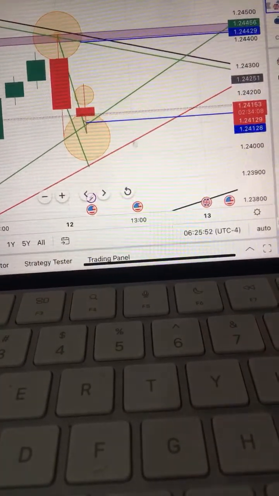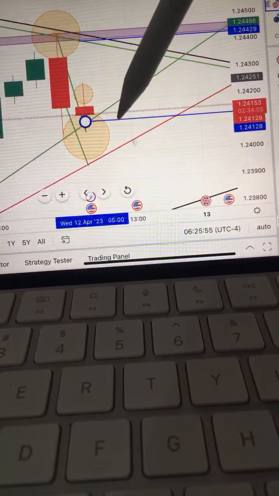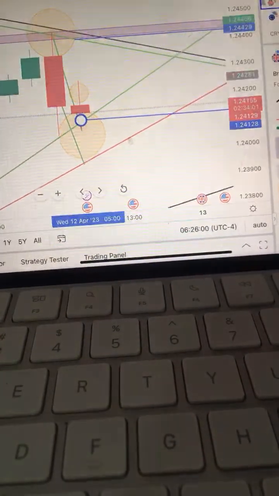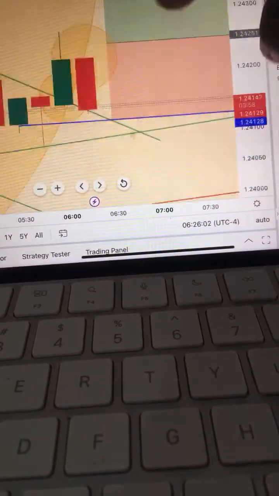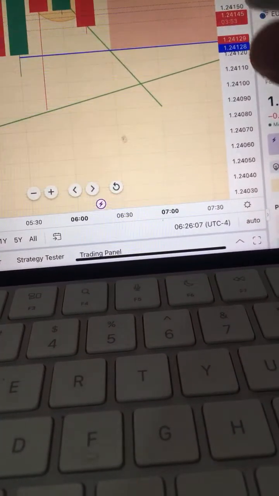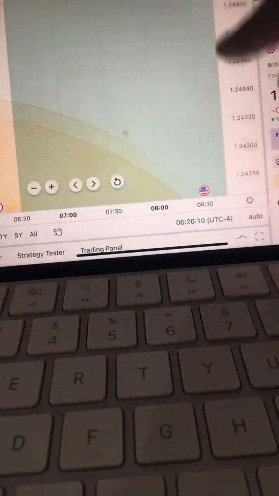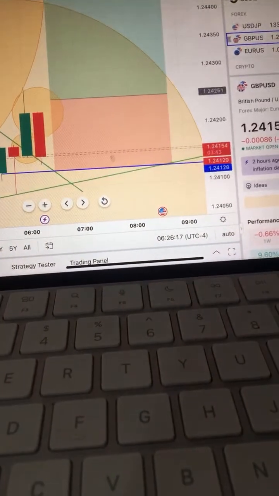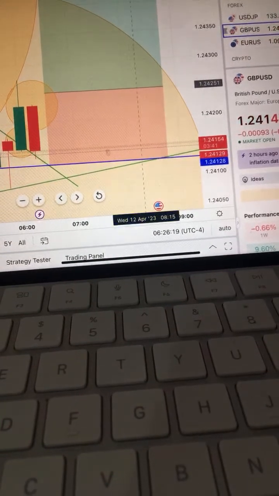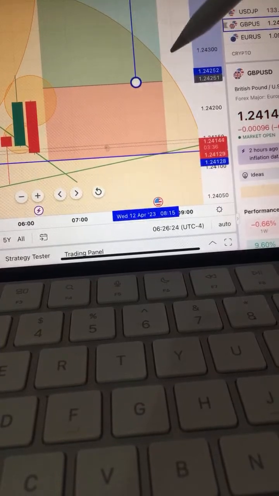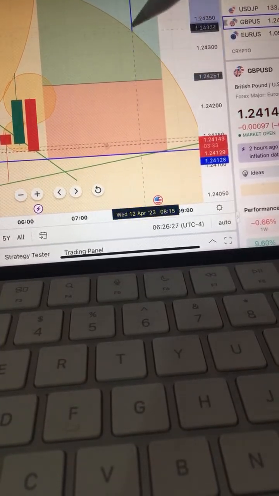I think here I have to edit my stop loss. Let me check on GBPUSD, since I'm holding GBPUSD on my positions. Now I will edit my stop loss. Let me see my take profit. My take profit is from here to here, and 50% is here.